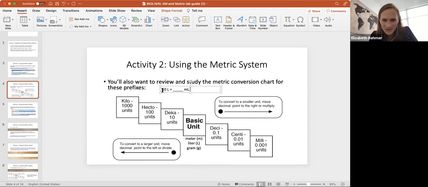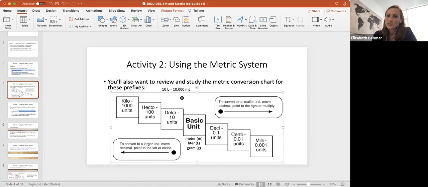The base unit is a liter and we're going to milliliter. How many places do we need to move the decimal place to the right? 1, 2, 3. The decimal place is there. And if we move it 3 places over, we're just adding on 3 zeros. So 10 liters of water is equal to 10,000 milliliters.